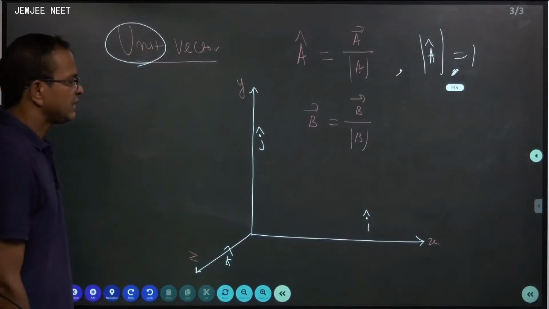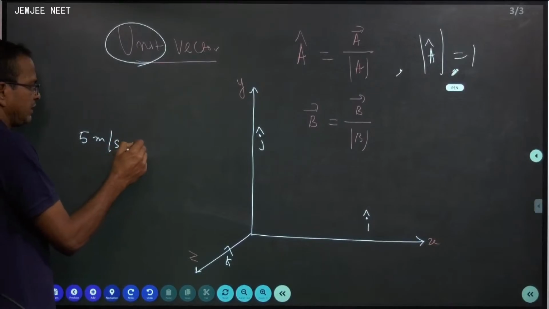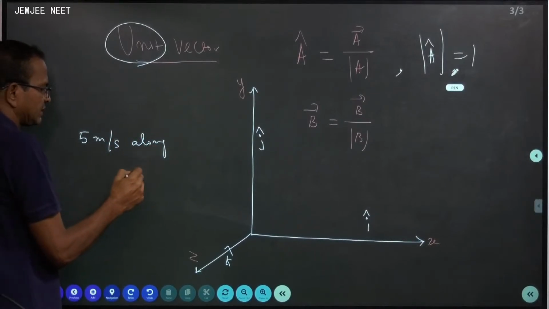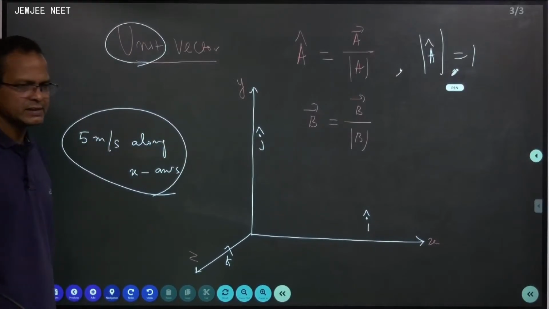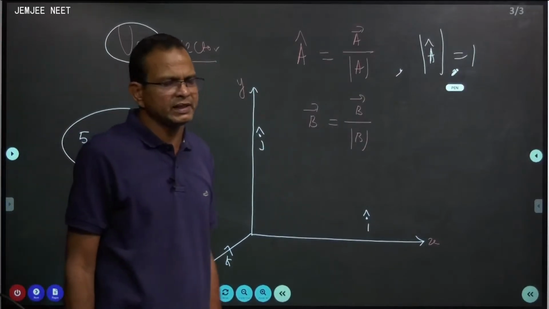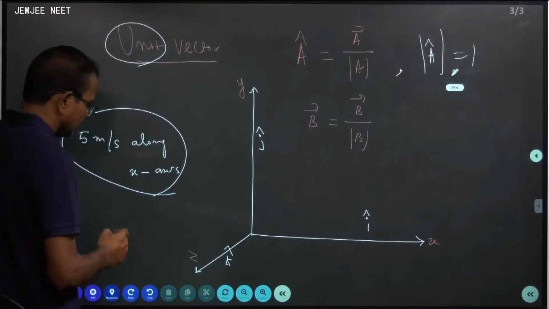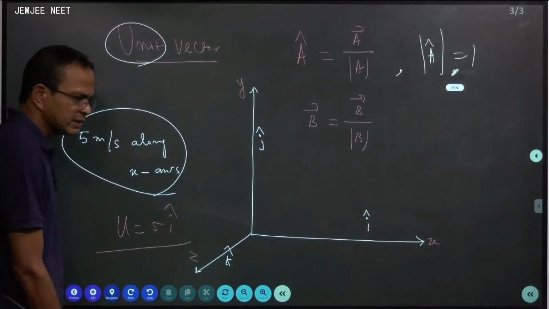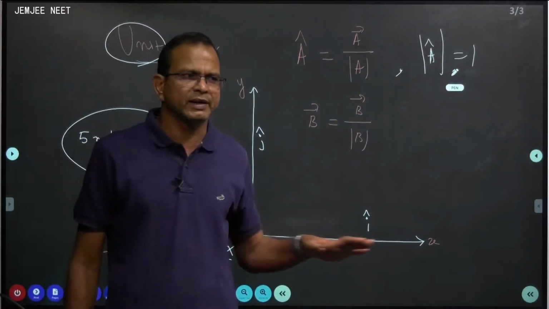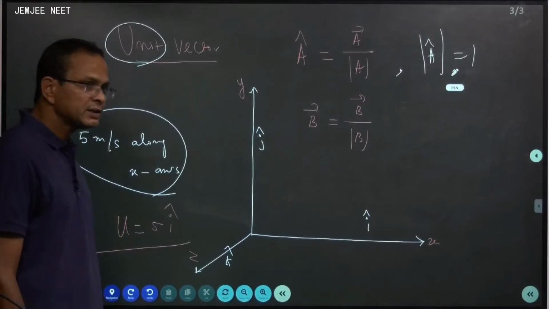So if anybody has 5 meter per second along X axis, here and after you need not say 5 meter per second along X axis. Simply write velocity is given by 5 I cap, meter per second, it is understood. So it's going along X axis. How to get a unit vector?